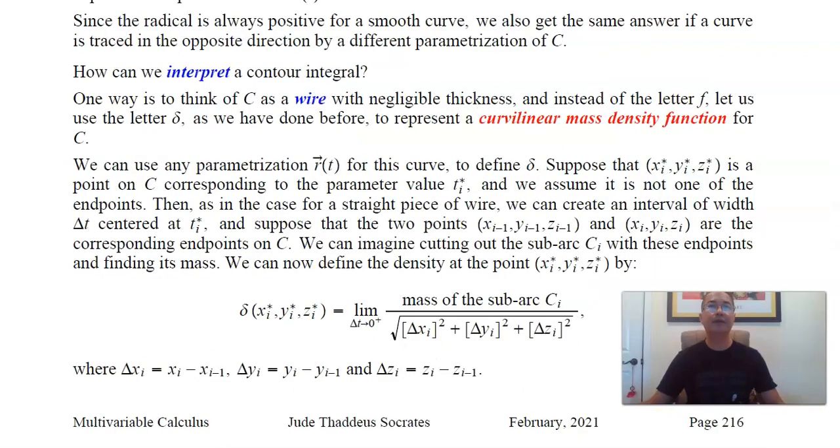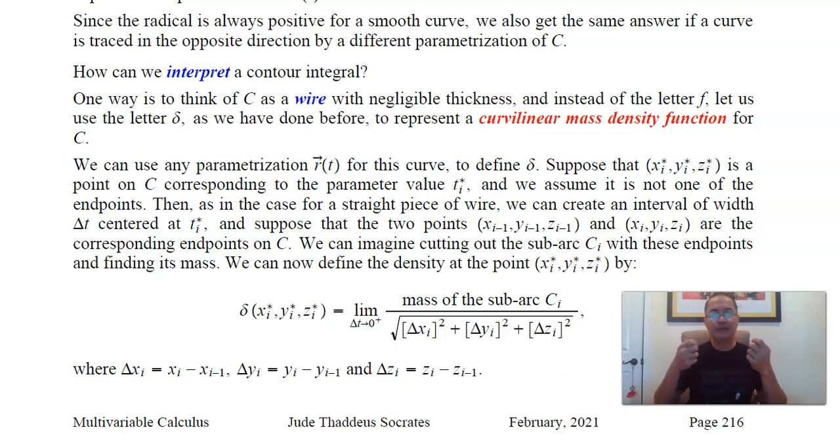Okay, so let us take a look at an example. Oops, I lied. Before we look at the example, we're going to talk about, well, what does it mean? Okay, how do we interpret this contour integral? Okay, well, once again, density functions come to the rescue. Okay, so what does it mean in this case for a curve? Okay, so we can think of a curve like a helix as a piece of wire, okay, and we have our representative point, ti star, okay, and well, what can we do?